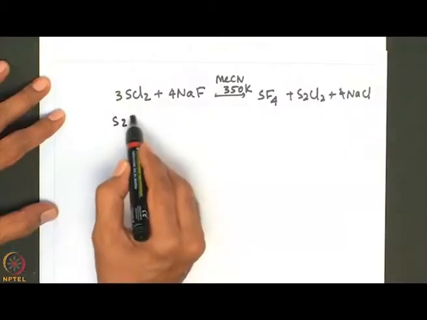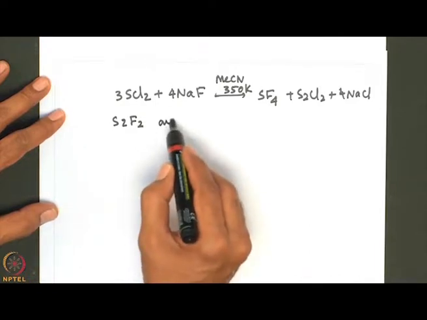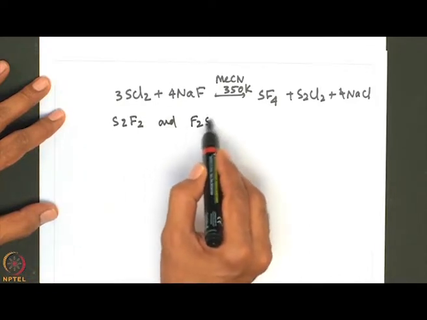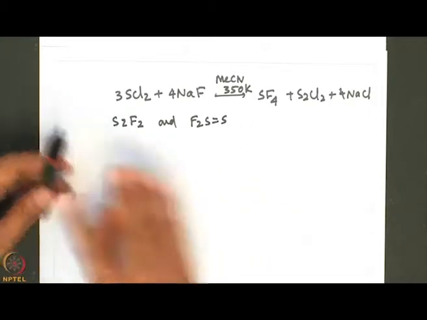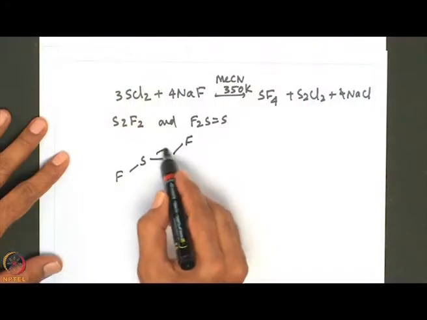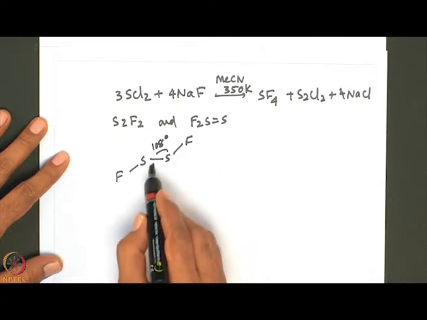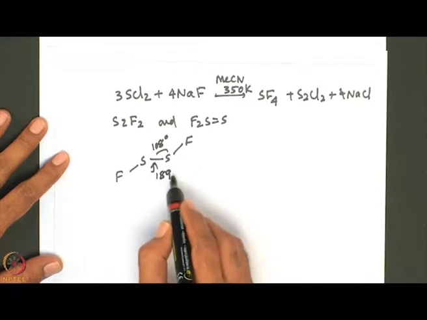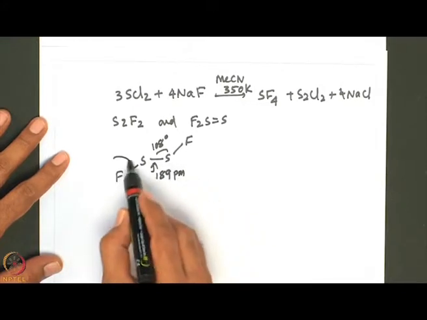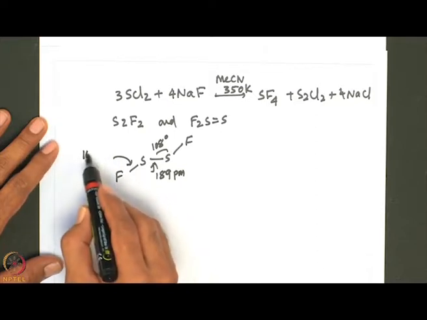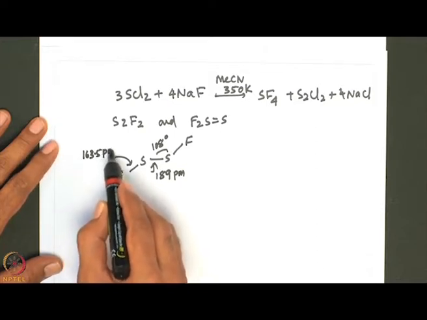Disulfur difluoride exists as 2 isomers, that is S2F2 and F2S double bond. Okay. So, I will write the structure of these 2 structural isomers. This angle is 108 and this is 189 picometer and this FS bond distance is 163.5 picometer.